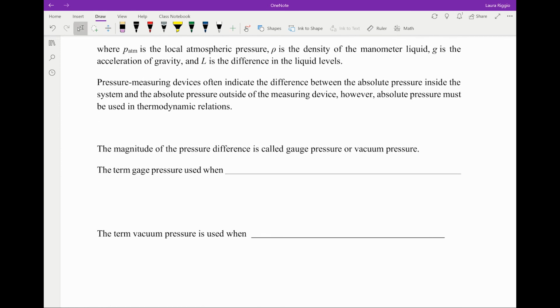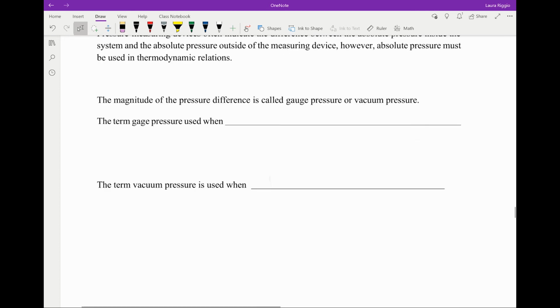So pressure measurement devices indicate the difference between absolute pressure inside of the system and the absolute pressure outside the measuring device. We have to use absolute pressure in all of our thermodynamic relationships.